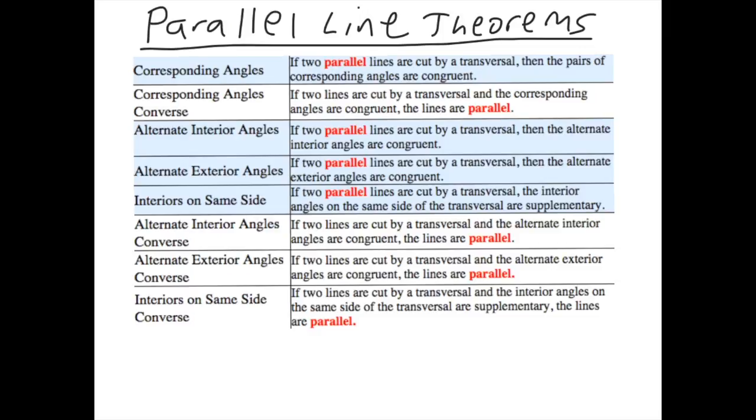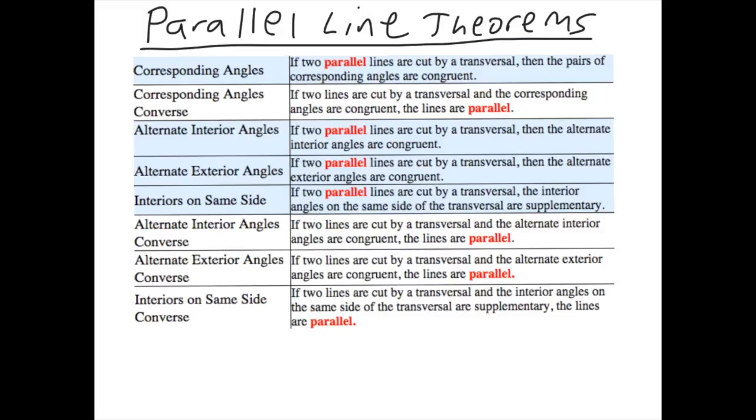So the thing I want to talk about today are the converses, the ones in white. The blue ones say that if you have two parallel lines, then the corresponding angles are congruent, the alternate interior angles are congruent, the alternate exterior angles are congruent, and the same side interior and exterior are supplementary.